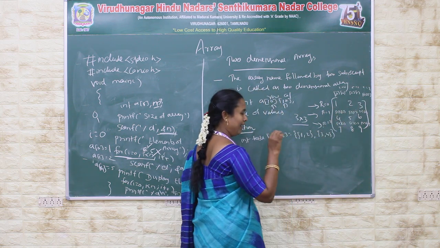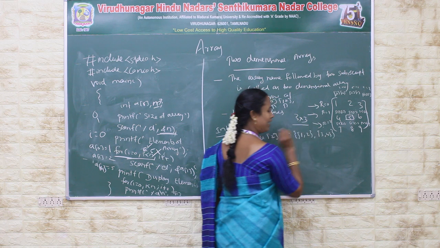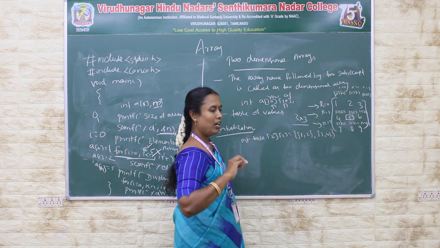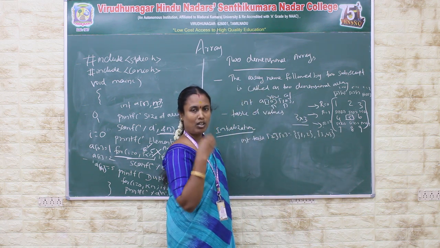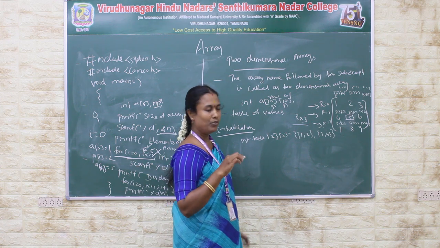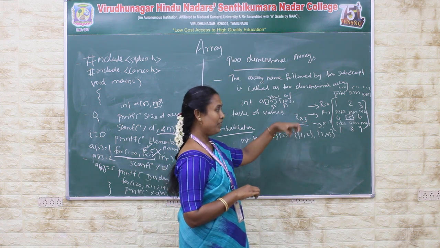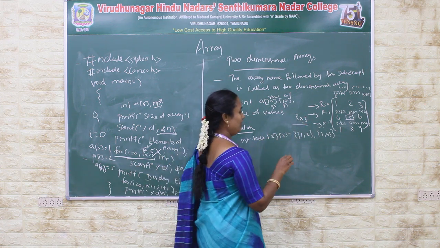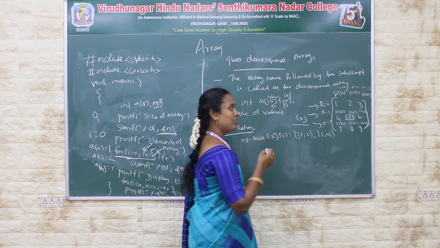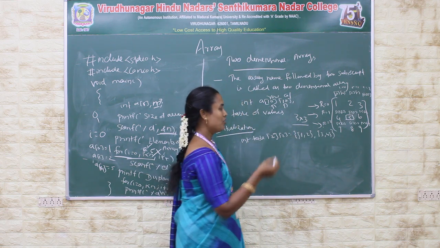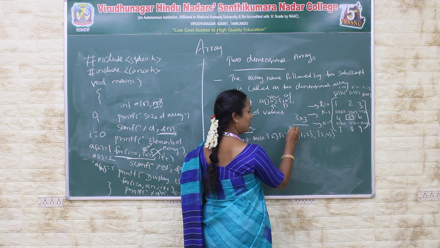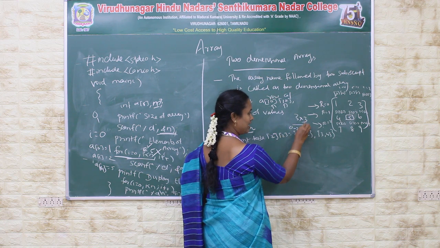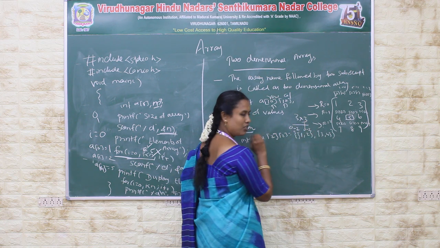If I want to pick the element 5, I have to specify the row index along with the column index, then only I can fetch the element 5. As I mentioned before, array indices always start with 0. So in a 3 cross 3 matrix, the row indices run from 0 to 2, and the same way the column indices run from 0 to 2.